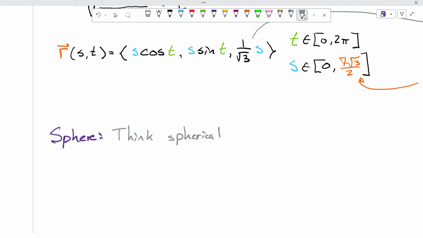Think spherical. And in spherical coordinates, we have x equals rho sine phi cosine theta. Y is rho sine phi sine theta. And z is rho cosine phi.